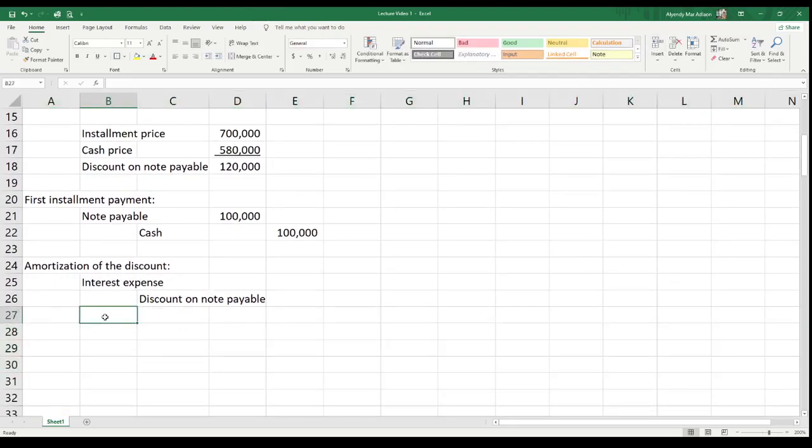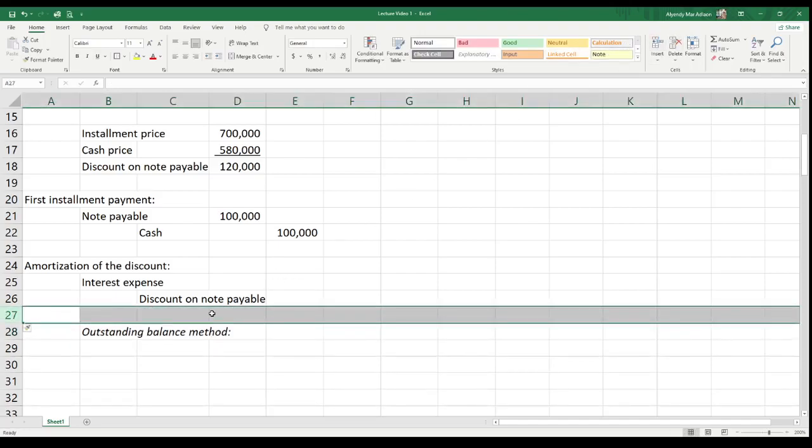Okay? So how do we do the outstanding balance method? Although I've already taught you about this in your intermediate accounting 1, I will present to you how to do the outstanding balance method of amortizing the interest.